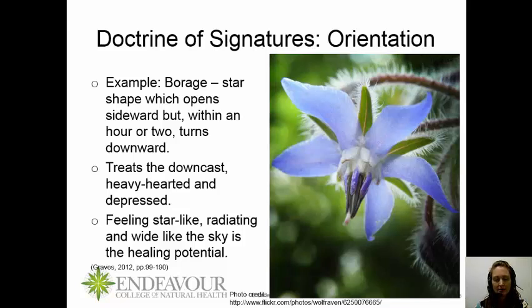So here's a beautiful example of borage. Borage flowers grow downwards. They're kind of downcast, if you like, heavy-hearted. And the colour blue, when it's in excess, can be associated with a state of depression. We talk about people being blue, being sad.